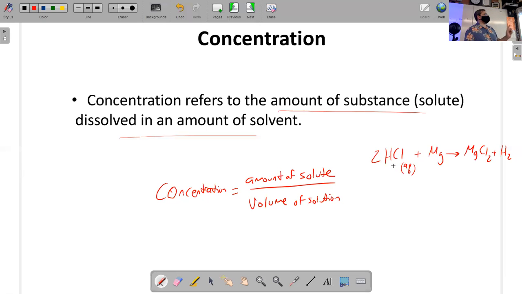But the deal is, with this hydrochloric acid, you can make the concentration of the solution really high, and then you don't need much liquid to react with the magnesium. On the other hand, the hydrochloric acid solution could be very weak, not much hydrogen chloride dissolved in water, and then you need a greater quantity of the solution to completely react the amount of magnesium.